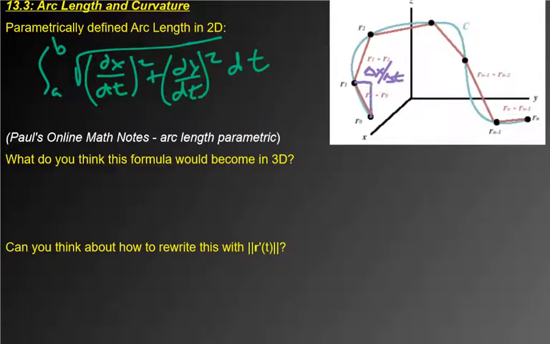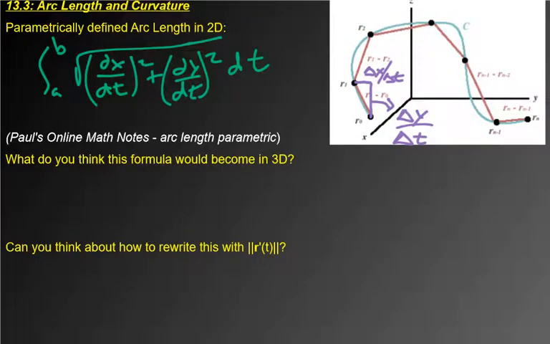And then you have some sort of change in y per change in time. You're basically doing a distance formula again. When you take the integral, you're thinking of taking an infinite sum of super small little line segments like this. So your dt's are super, super minuscule.